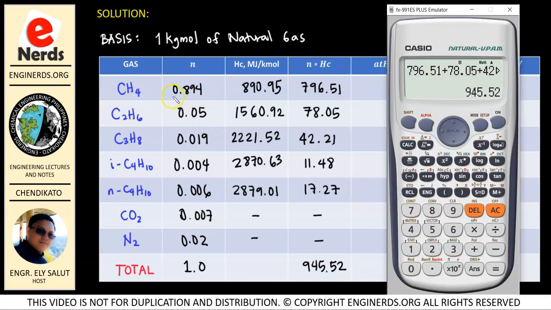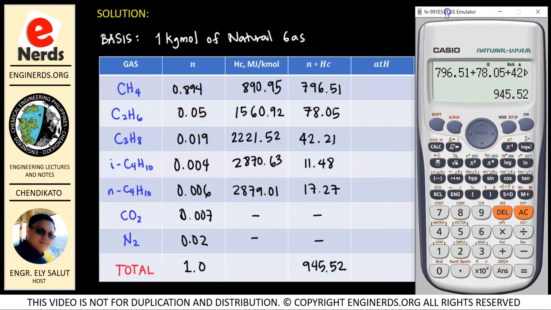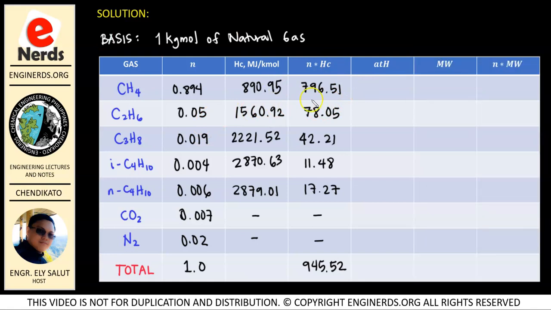So we need to multiply this by 4. Let us calculate for that. So for our methane, we have 0.894. Ito yun. Okay, so we have 4 hydrogen, so we will multiply it by 4. Okay, so we have 3.576. I'll just put it in black.